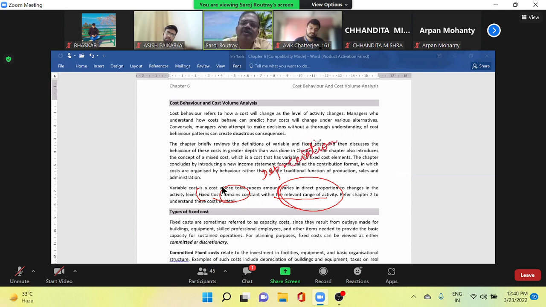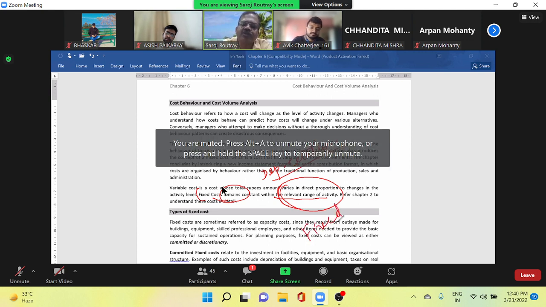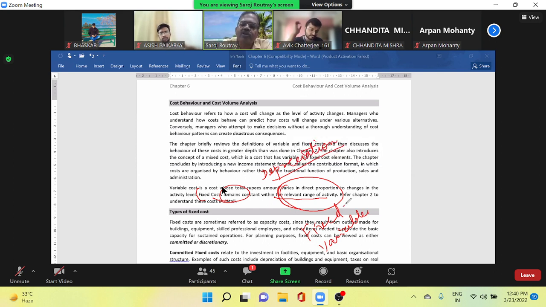Once you know that depreciation is a fixed cost, or once you know the different types of cost you are incurring, whether fixed or variable, you also need to know whether this fixed cost is committed or discretionary. Very important to know.